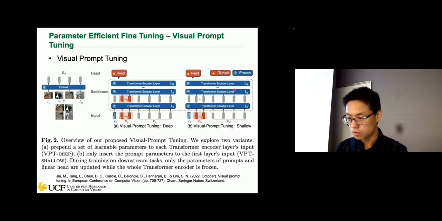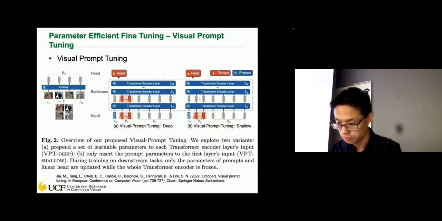If I'm adding more tunable prompts, I have more tuning cost, because I'm adding more parameters to the network. But this may help you have better adaptation, so maybe you have better performance compared to full fine-tuning. But if you add fewer tunable prompts, you have a much cheaper tuning cost, but the performance may not achieve the full fine-tuning performance. So these are some of the trade-offs.